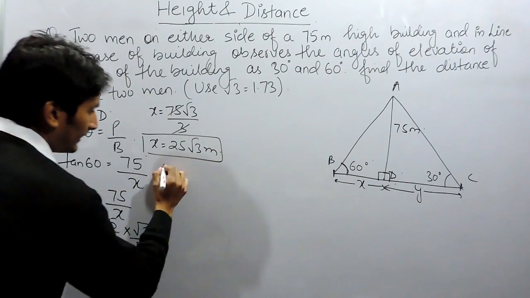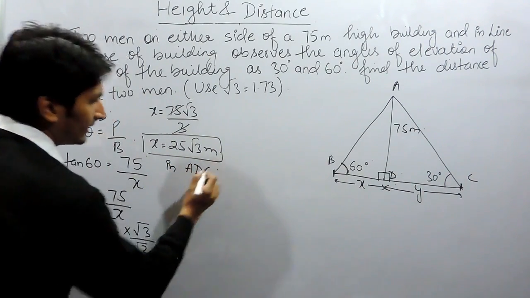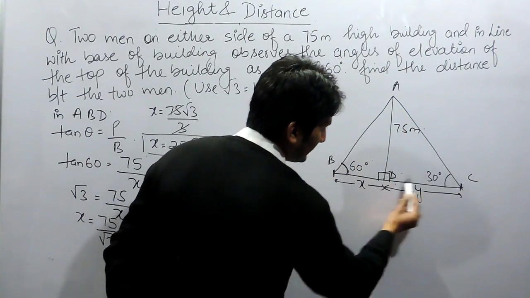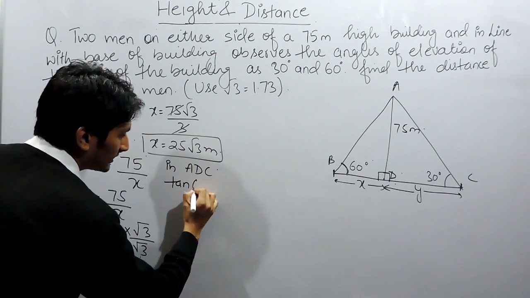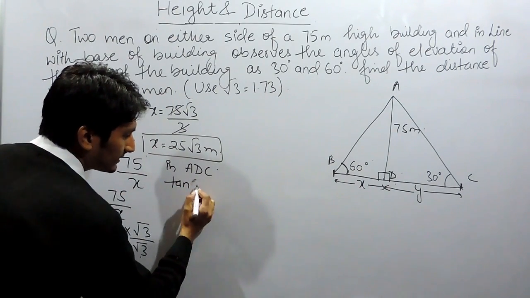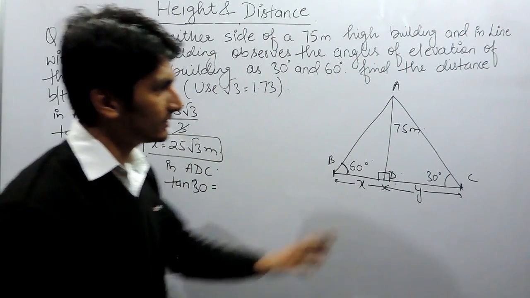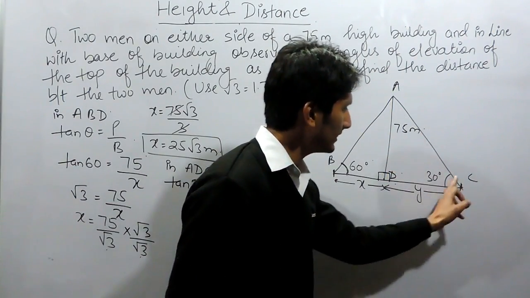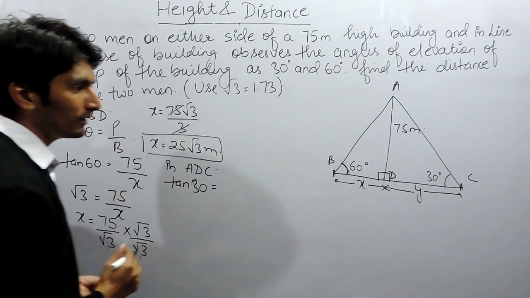Now, in the next triangle, right angle triangle ADC, again I have to find the ratio of tan theta, and in this case theta is given as 30 degrees. Again the ratio will be perpendicular upon base.